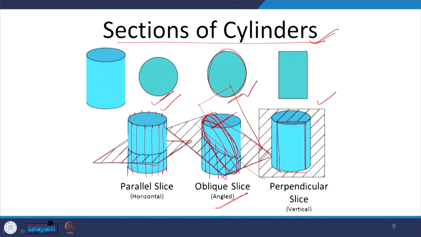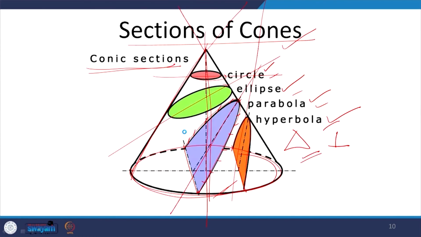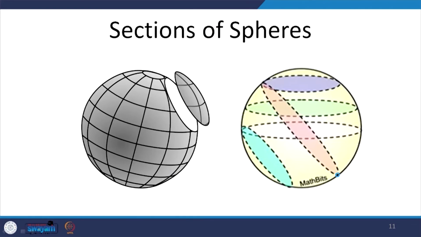We have these 12 points, or whatever number of points, and these varying heights which will give us the shape of the ellipse, and similarly in the cone. If we have 12 equal parts and we make the generators like this, we will be getting varying heights along these generators.